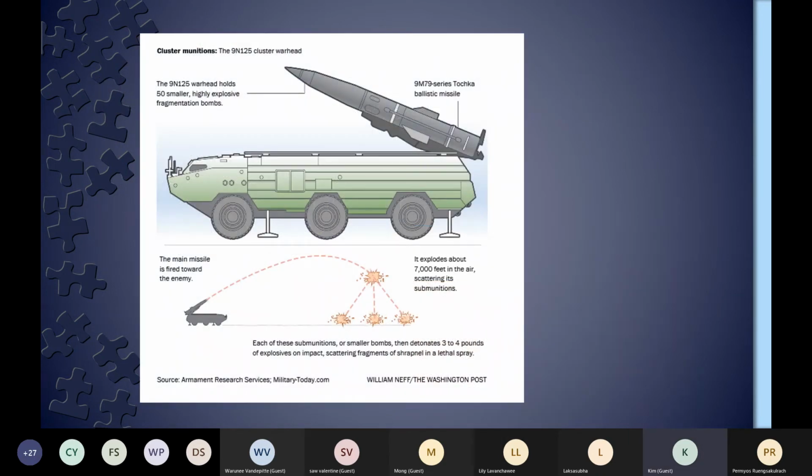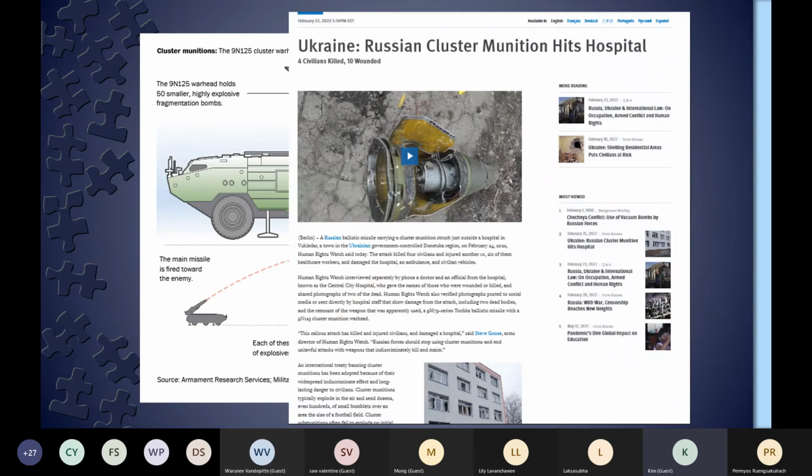This is a picture of the ones that are being used at the moment. This is the Russian operation, and you can see that the missile goes into the area and then explodes and spreads out and covers a very large area. And this is a report from just a few days ago where a cluster munition was recorded as hitting a hospital in Ukraine.